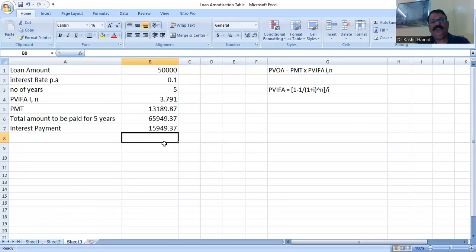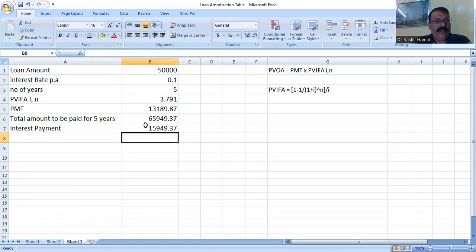And the total amount that we have computed for 5 years is 65,949.37. So the interest that we are going to pay over 5 years is the difference of the total amount that we are going to pay over 5 years minus the loan amount, and that is equal to 15,949.37.